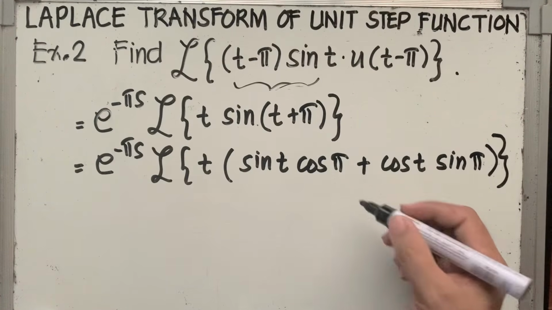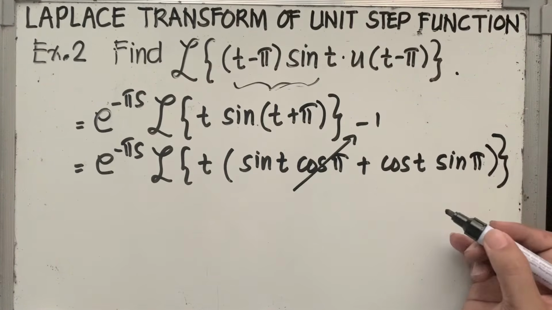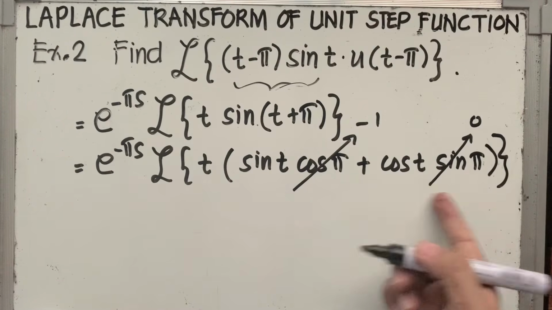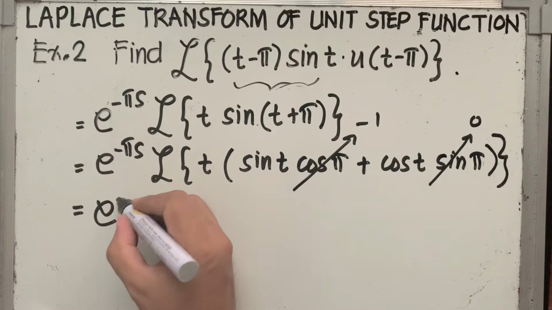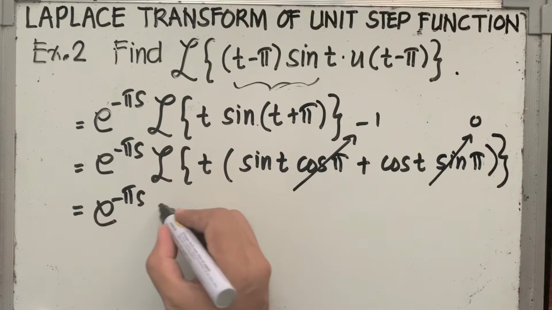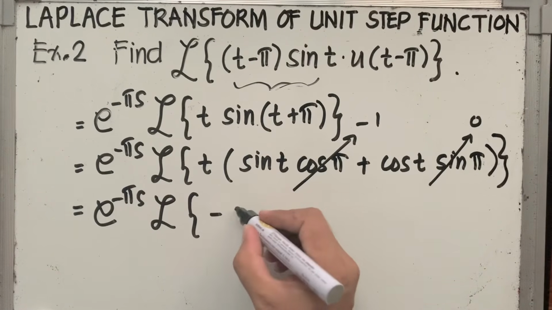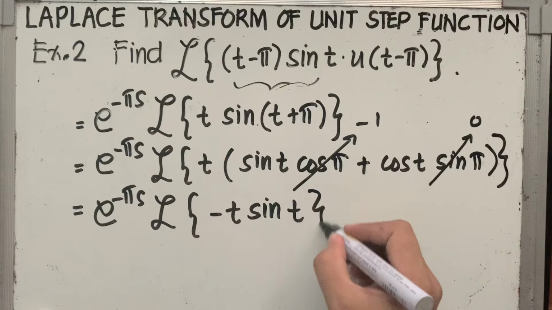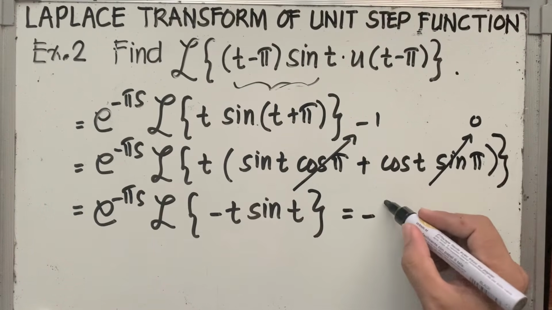So yung cosine of pi, remember, it's negative 1. Tapos yung sine of pi is 0. So we can now rewrite again. Nasa loob ng Laplace symbol natin, it will become negative t sine of t. So ayan, na-reduce natin into that form.